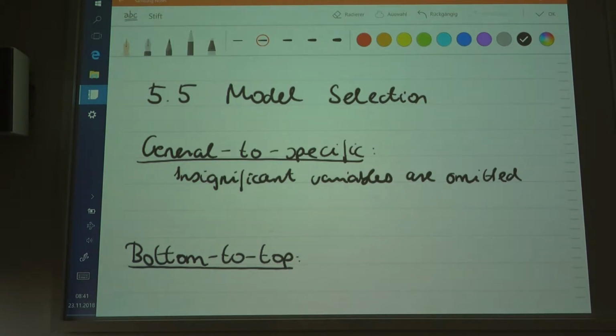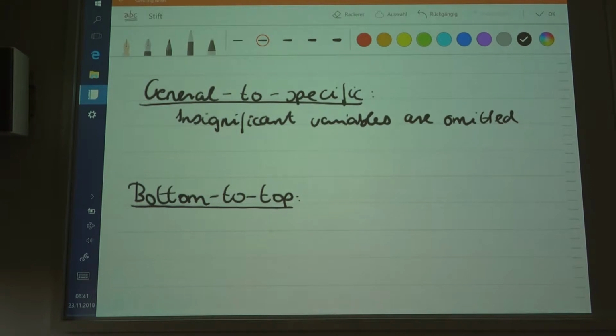And the bottom to top approach is basically the opposite. So you start with a relatively small model first, and then additional explanatory variables are included until the residuals stop being autocorrelated.